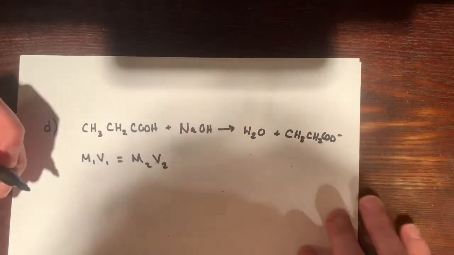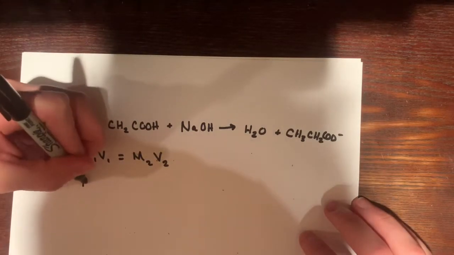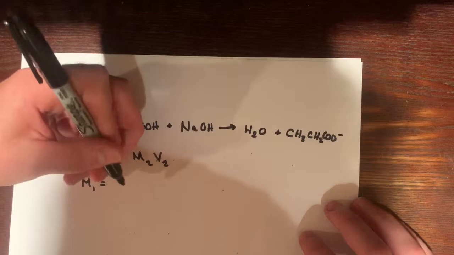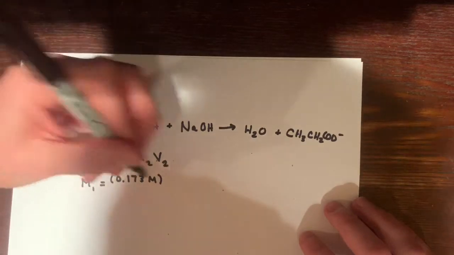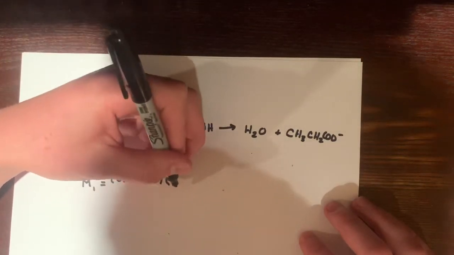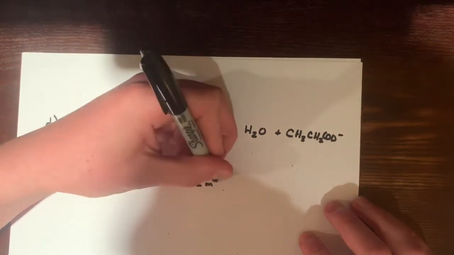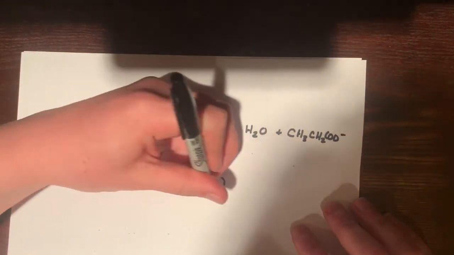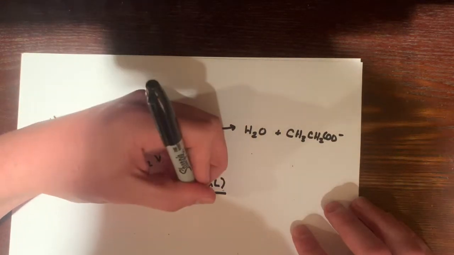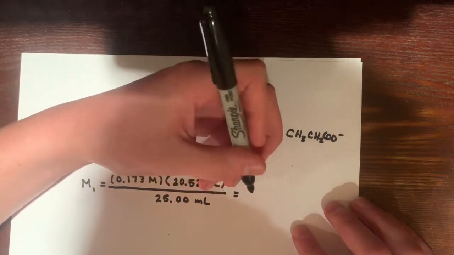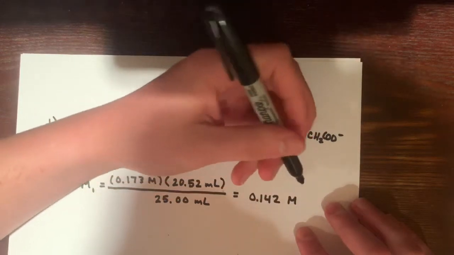And when you plug into that and solve, you get M1 equals 0.173 molar times 20.52 milliliters over 25 milliliters of the propanoic acid, which equals 0.142 molar solution of the propanoic acid.